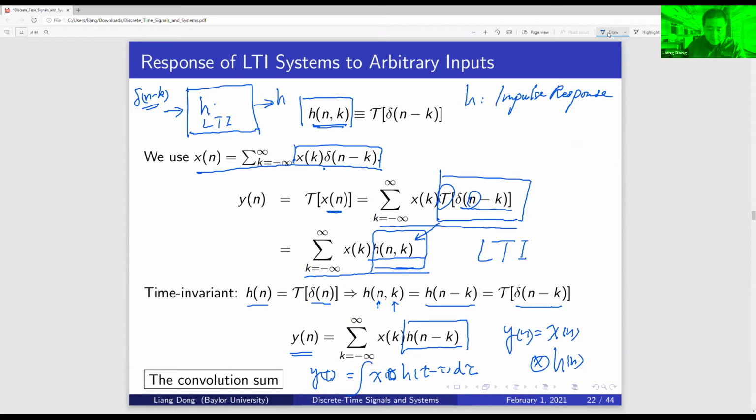In discrete time we have y n equal to the summation of x k times h n minus k, and that is the convolution sum.